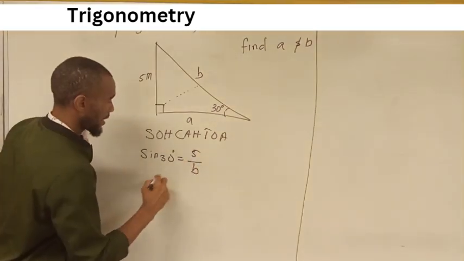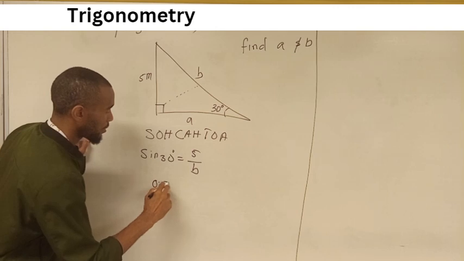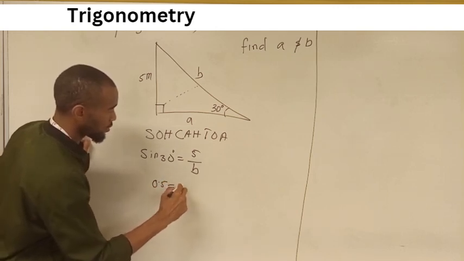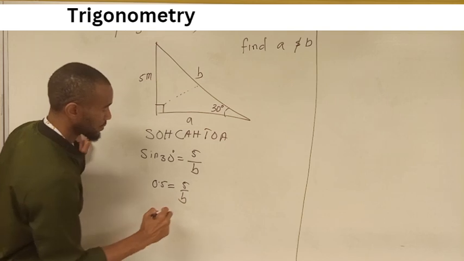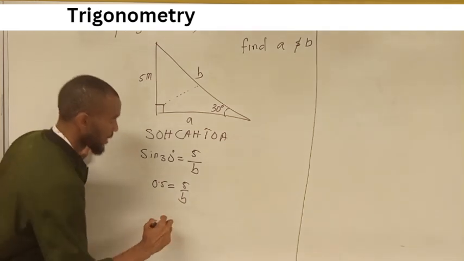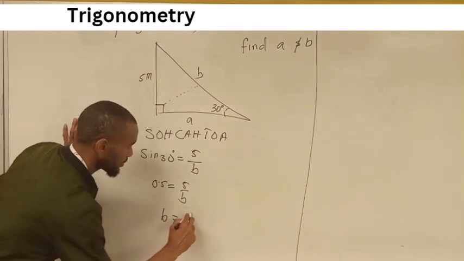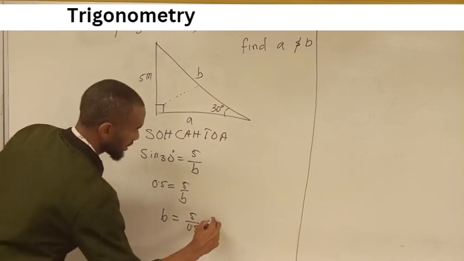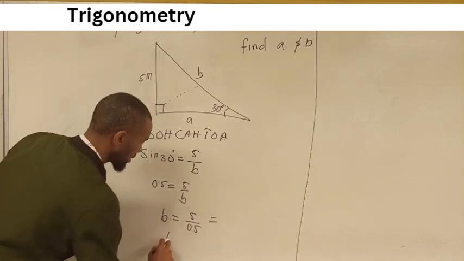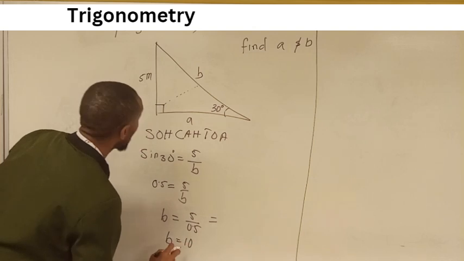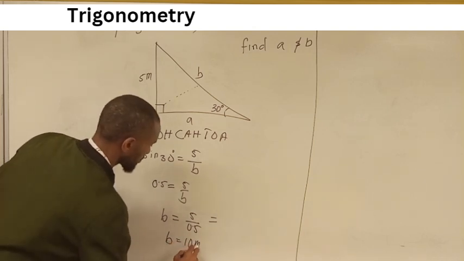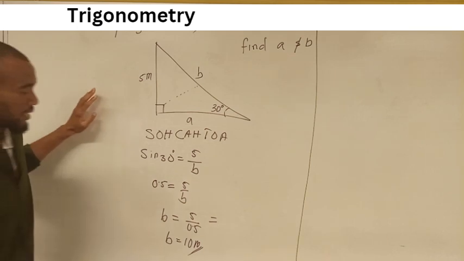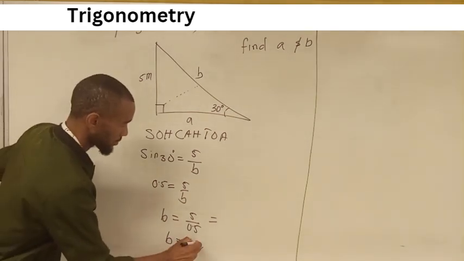Then I can say 0.5, or you can say 1 over 2, is equal to 5 all over b. And then you cross multiply such that b must be 5 divided by 0.5. And in this case, my answer should be b is equal to 10 meters. So in this case, b is equal to 10 meters.